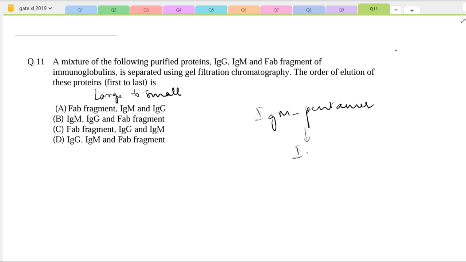This is followed by IgG, and next followed by Fab, which is obtained using proteolytic cleavage. So the correct answer here is option B, that is IgM, IgG, and Fab fragment, from the large one to the smaller one. Anyways, this is pretty simple.